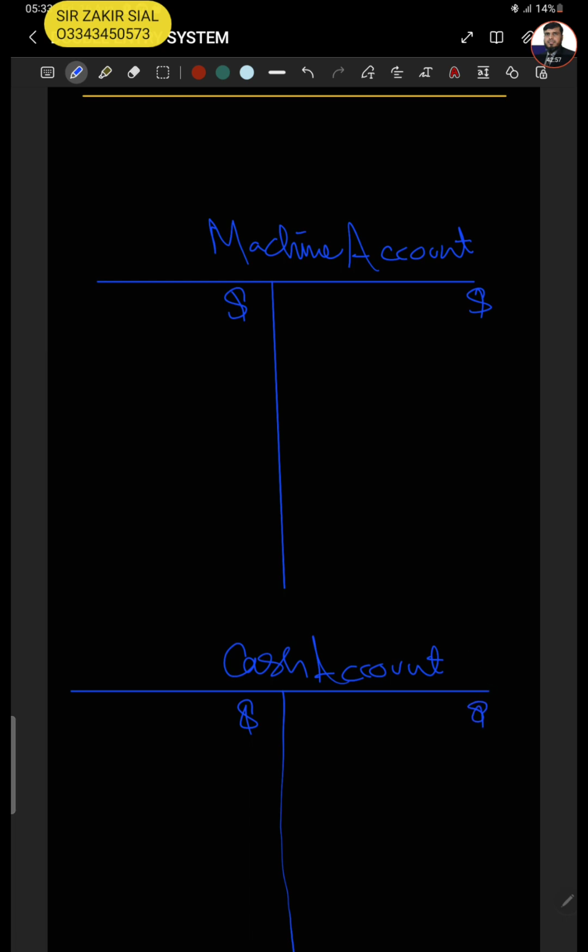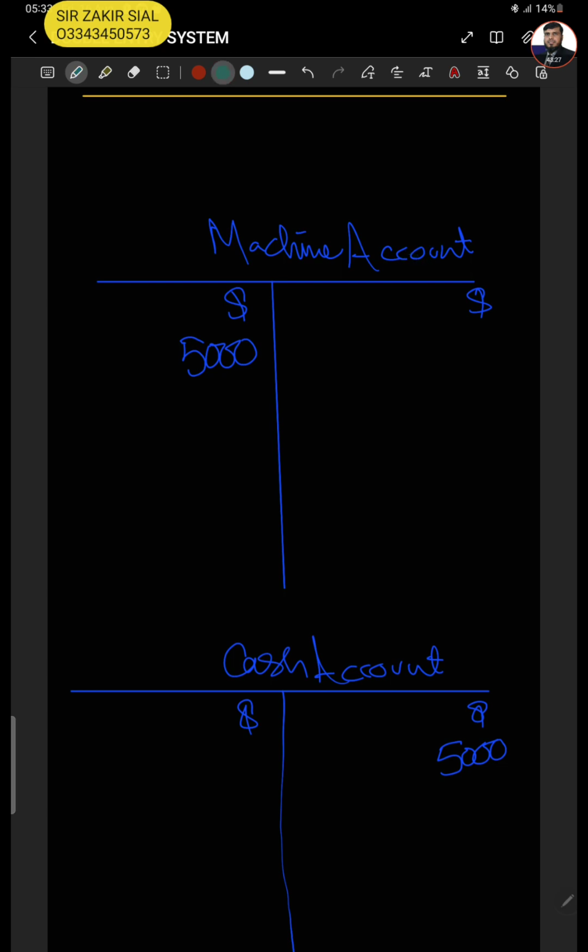Here again we can apply the same rules. Machine account is an asset which is increasing. That's why we are writing on the debit side. This is the debit side. And cash account is another asset which is decreasing from the business. That's why we are writing 5,000 on the credit side. And we give the opposite explanation.